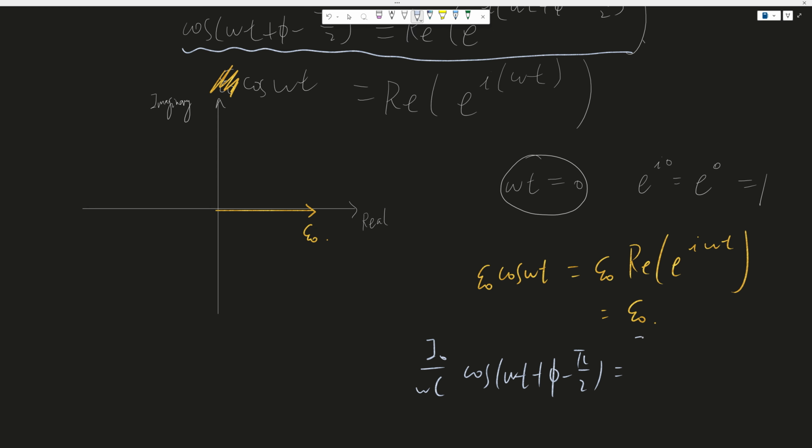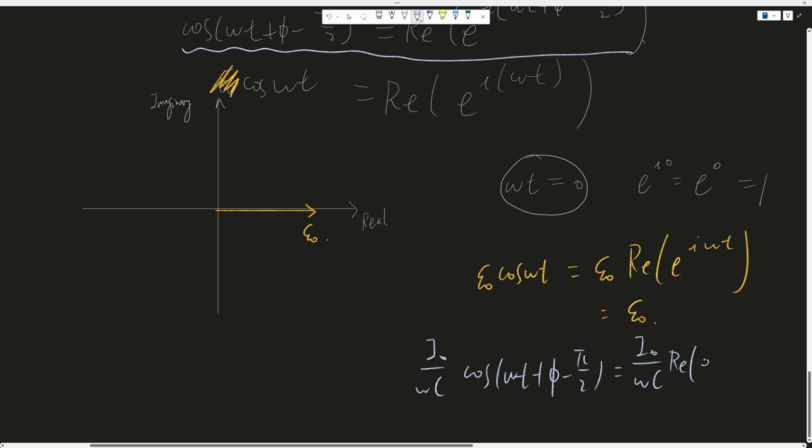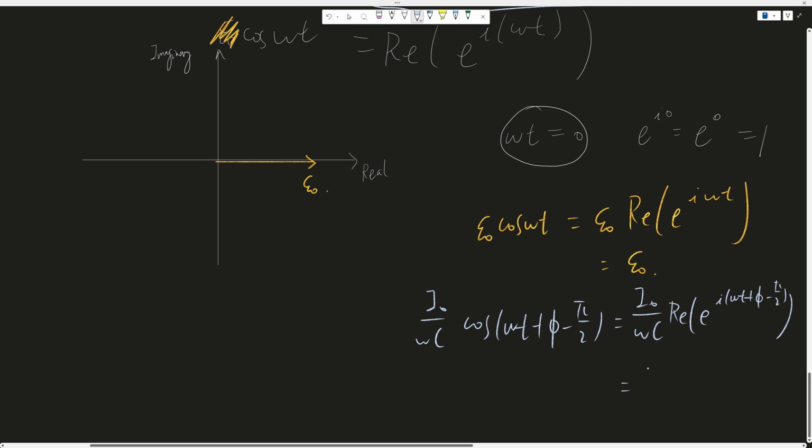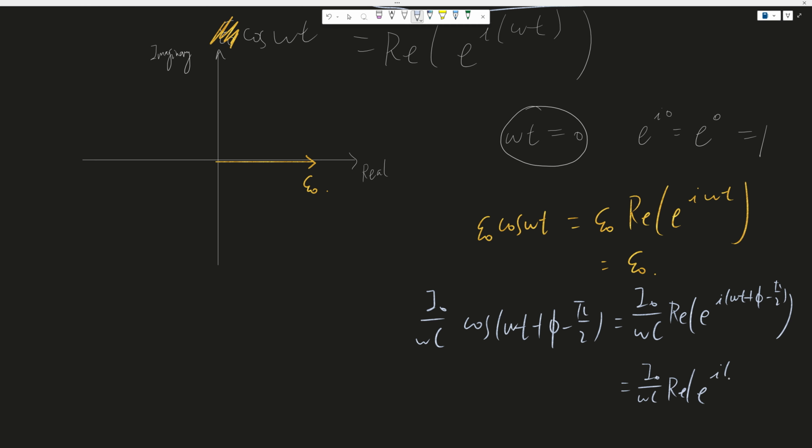And so it is I0 over omega c times the real part of e to the i omega t plus phi minus pi over 2. And remember we said omega t to be 0. And so it is I0 over omega c times the real part of e to the i phi minus pi over 2.